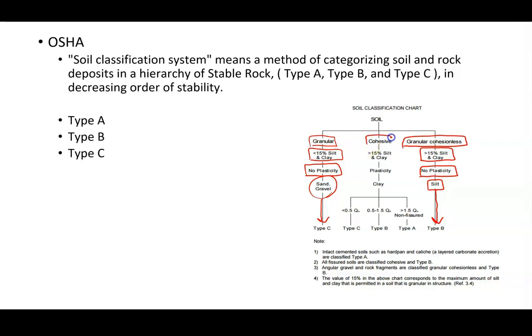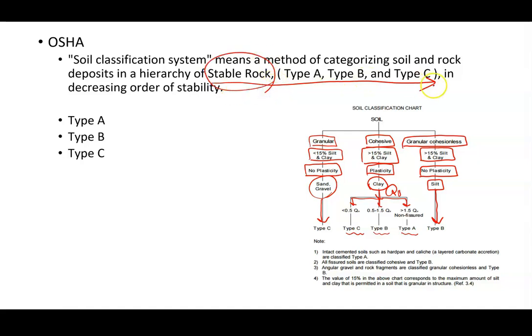If we have clay or cohesive and more than 15%, then you need to look at unconfined compressive strength and environmental exposure conditions to see if it's type A, type B, or type C. But this is based on a decrease in stability.